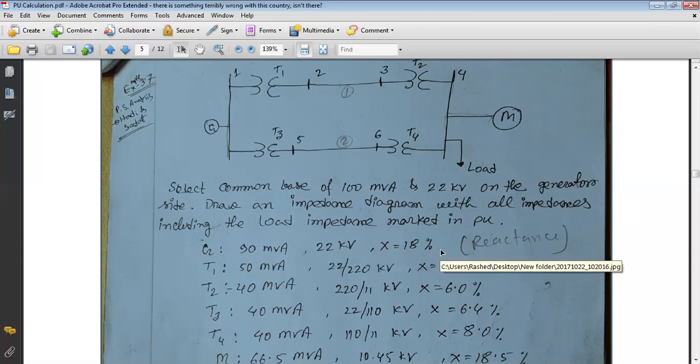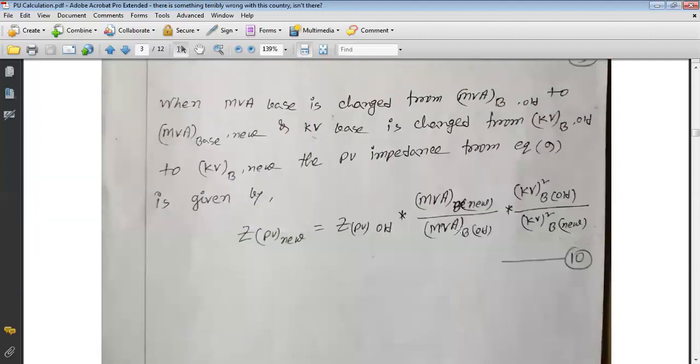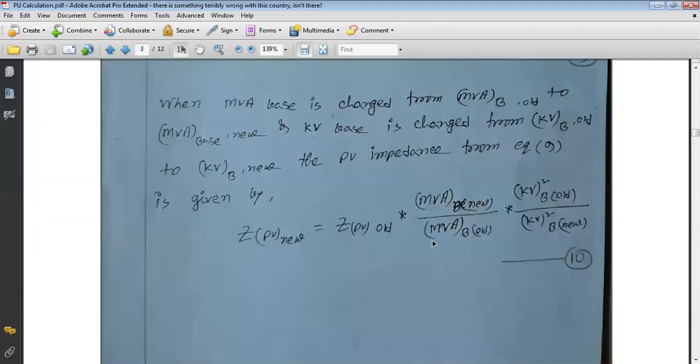So whenever we have to solve this type of mathematical problem, we need to apply equation number 2, which is marked in my slide, to calculate the new per unit reactance of a device. Actually, this is the equation.